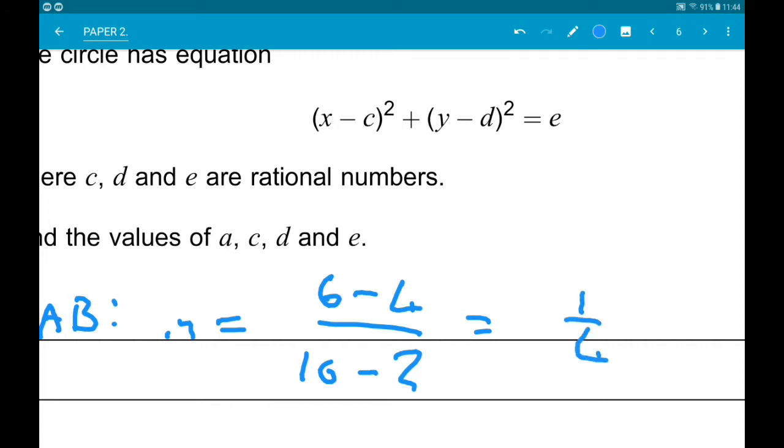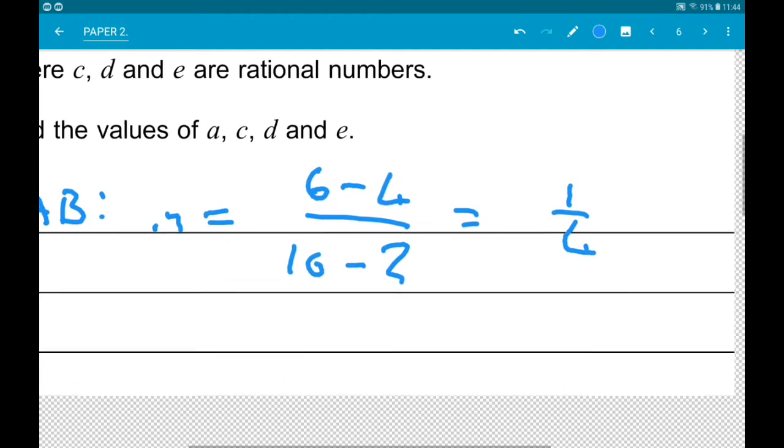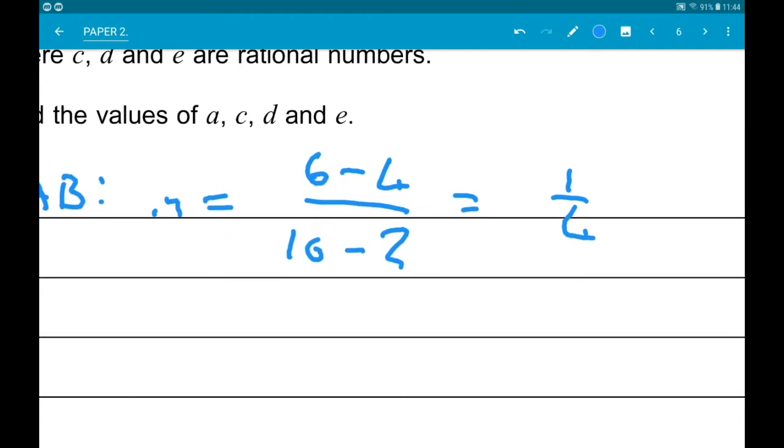Okay, so now we know that y is x over 4 add a constant. We can't use c because that's already in the question, so I'm going to use k.